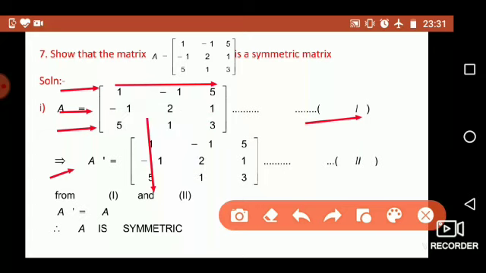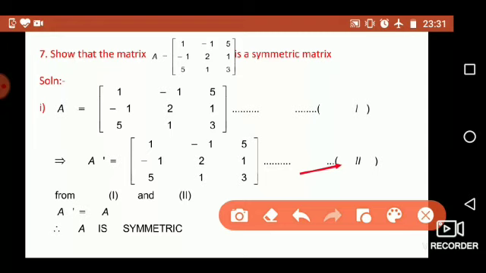If you observe equation 1 and equation 2, by comparing them, we find that A dash is equal to A. Therefore, the matrix A is called a symmetric matrix.